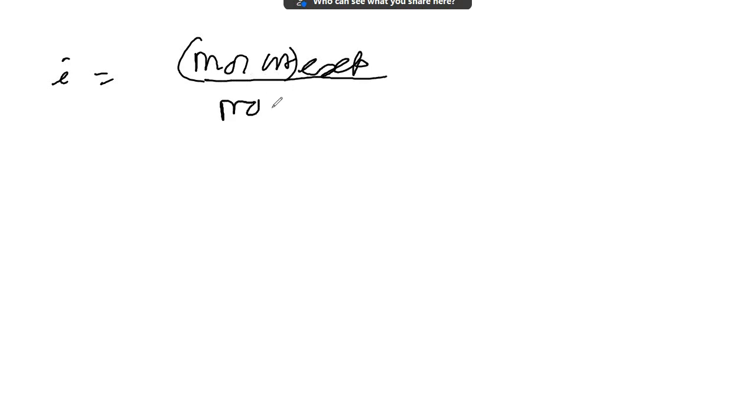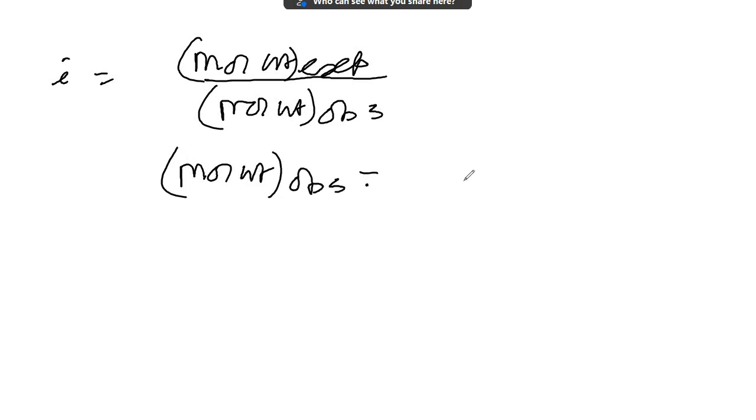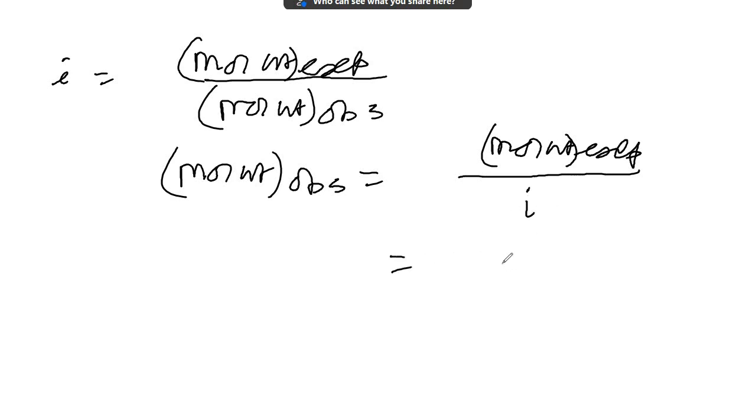Now i equals molecular weight expected by molecular weight observed. So molecular weight observed will be molecular weight expected by i. I have got i as 1 minus alpha by 2, so it is molecular weight expected over 1 minus alpha by 2.